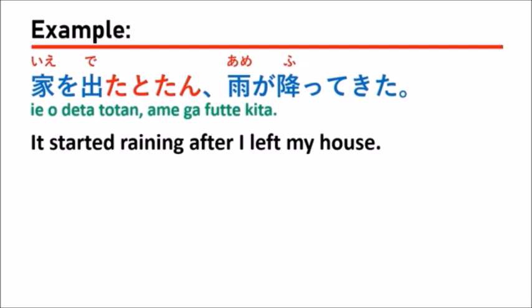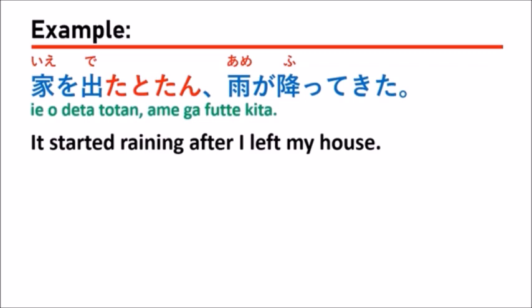In this sentence, the verb they use is deru, which means get out. When we change it to the past tense form, deta, and after that we follow with Totan. So in this sentence, Ie o deta Totan, ame ga futte kita. It started raining after I left my house.